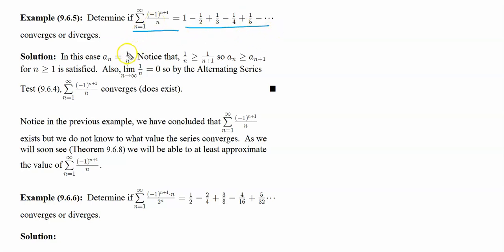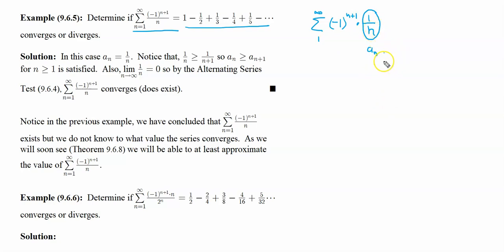Well, we have to identify what the a_n terms are for this series and try to apply the alternating series test. So you notice that we can write that in a little different format. So we identify the 1 over n as being the a_n terms that are used in the alternating series test.